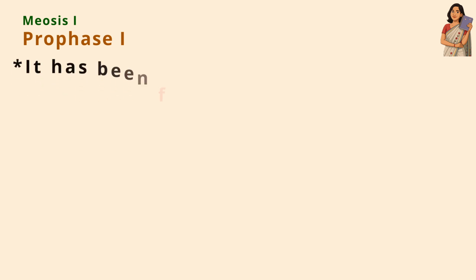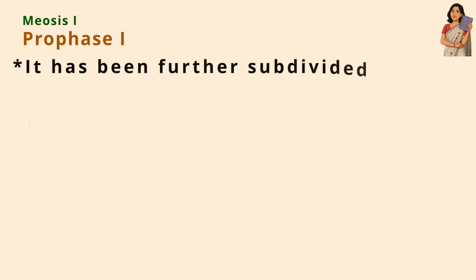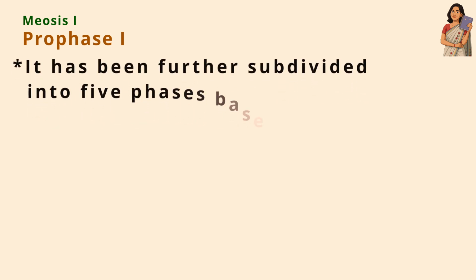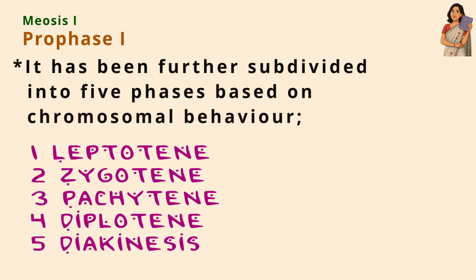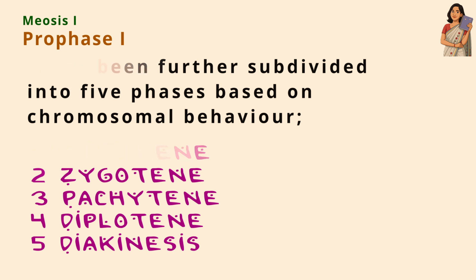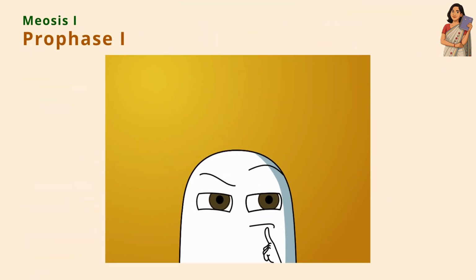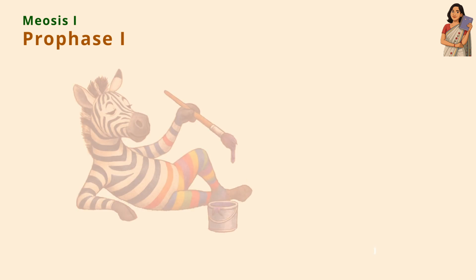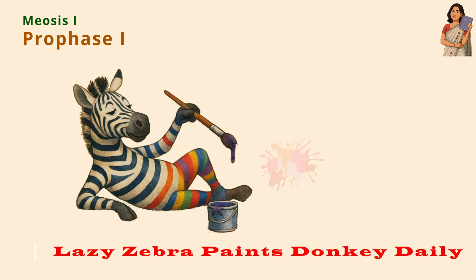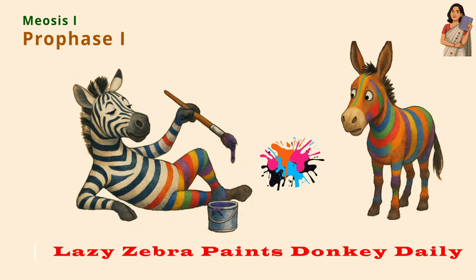Prophase I is further divided into 5 phases: Leptotene, Zygotene, Pachytene, Diplotene and Diakinesis. We can also remember these names by a simple mnemonic, for example, lazy zebra paints donkey daily. We'll read all the phases one by one.